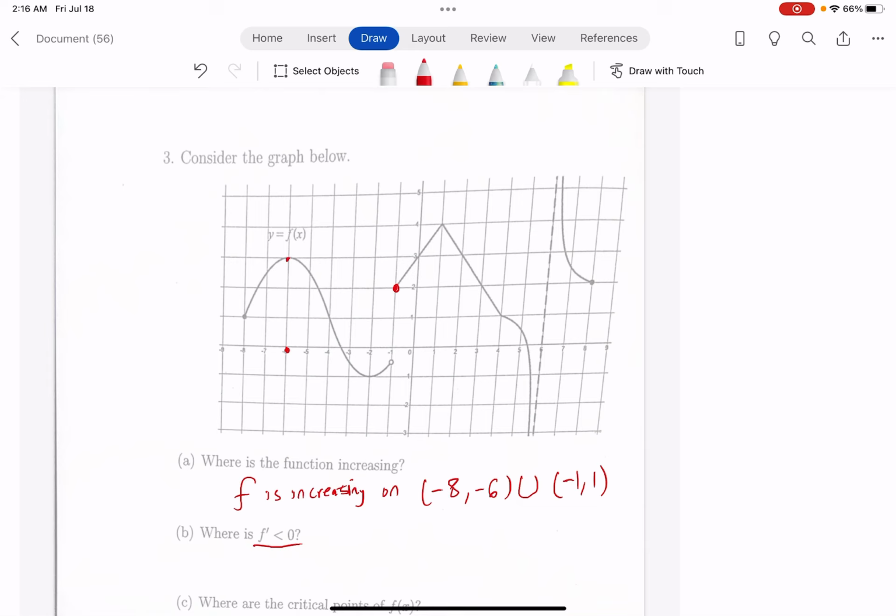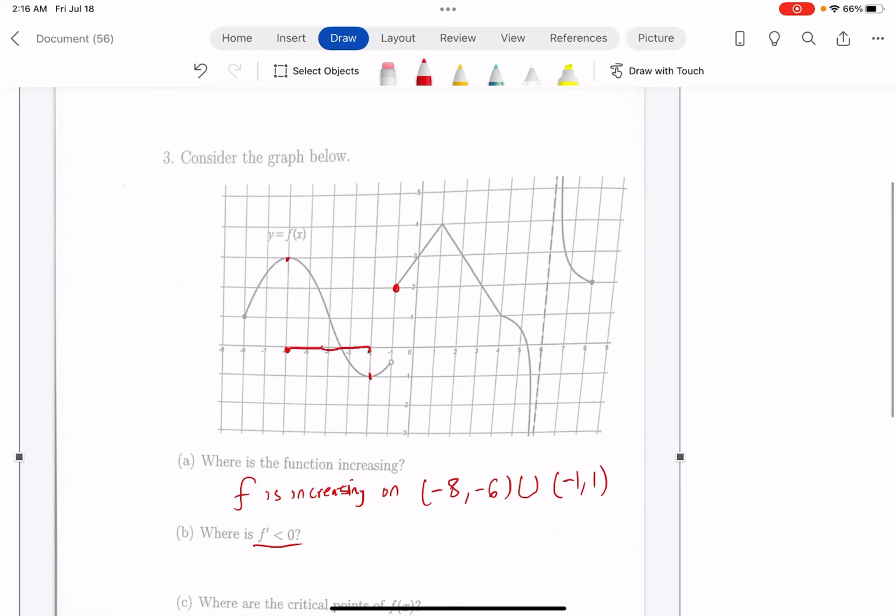It's decreasing from here all the way to this point, -6 and -2.